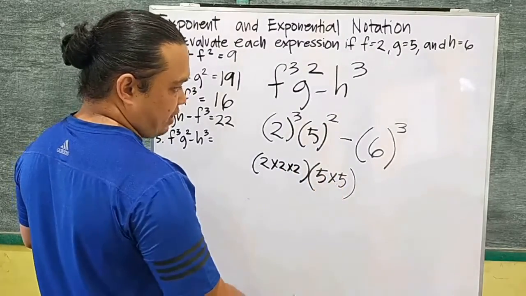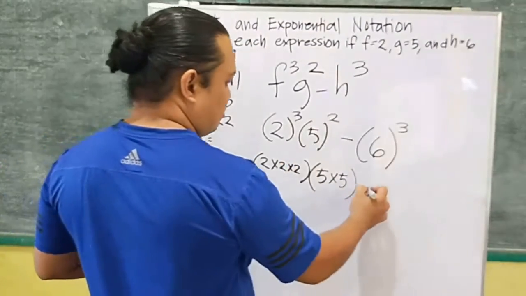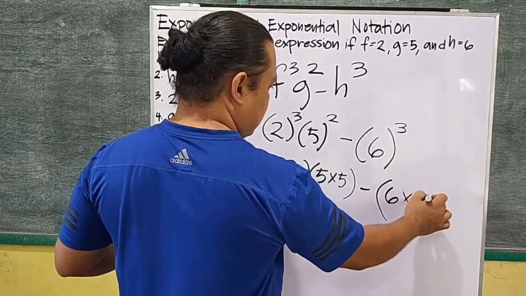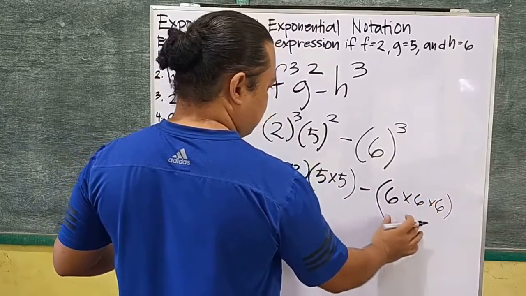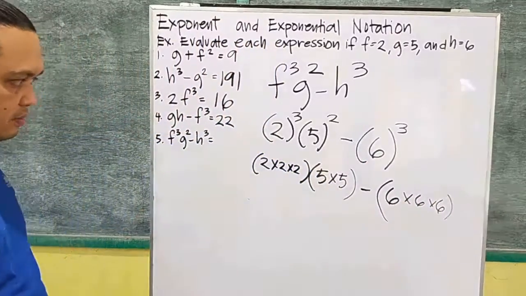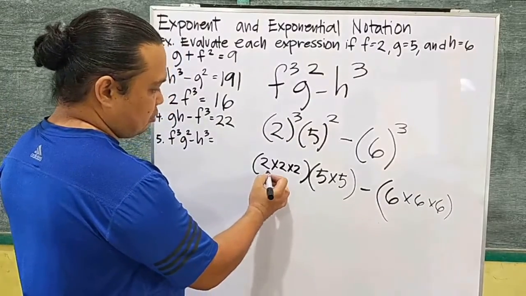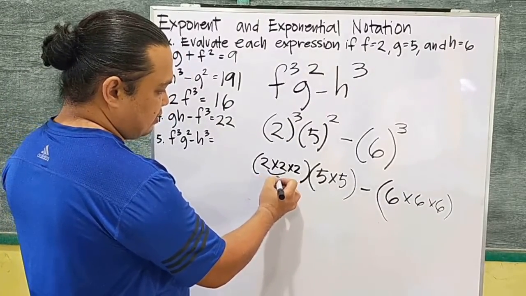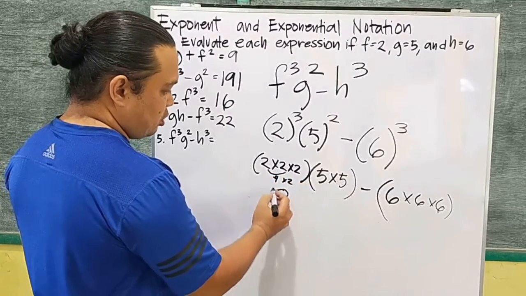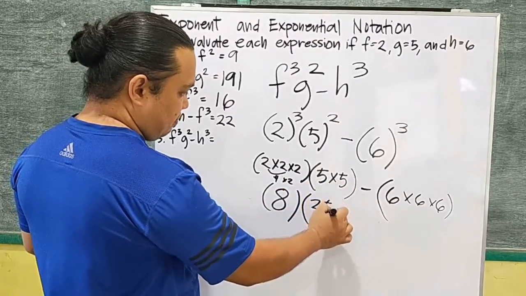Minus 6 times 6 times 6, that's 6 cubed, 6 multiplied by itself 3 times. Now let's further simplify. 2 times 2 is 4, 4 times 2 is 8. So we have 8 times 5 times 5, which is 25.